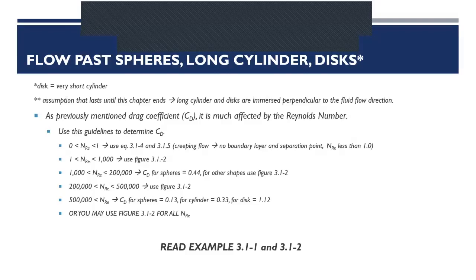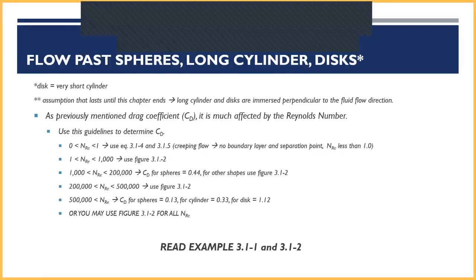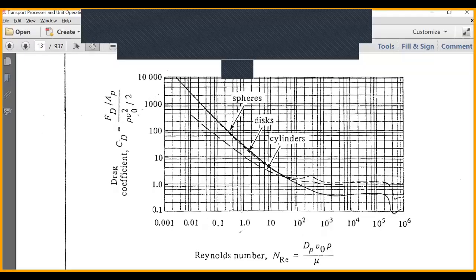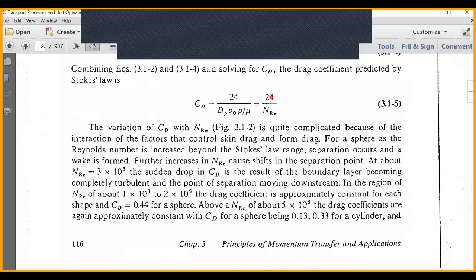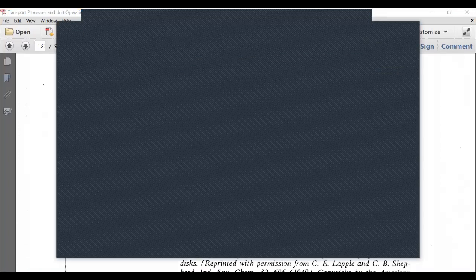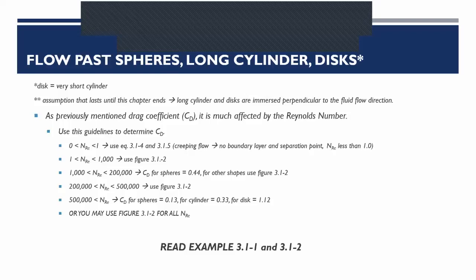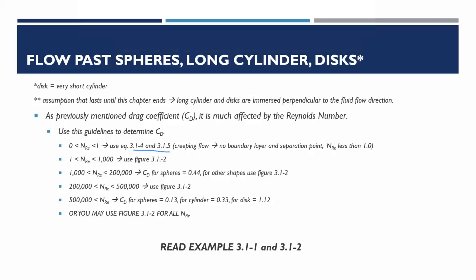If the Reynolds number of the immersed solid is between 0 and 1, then you can use equations 3.14 and 3.15 to find the CD.